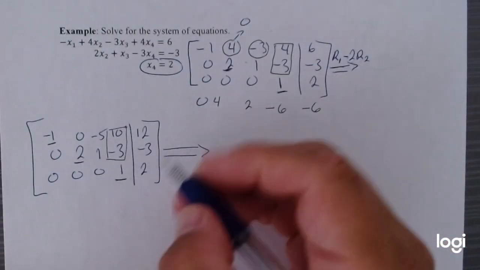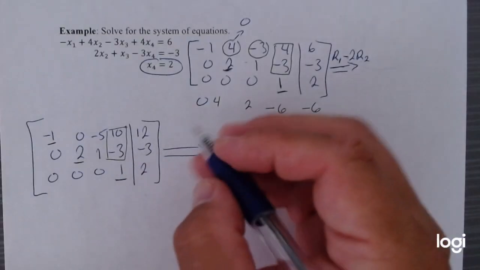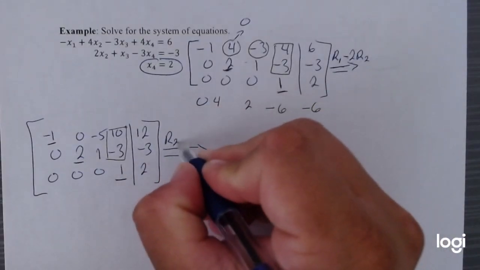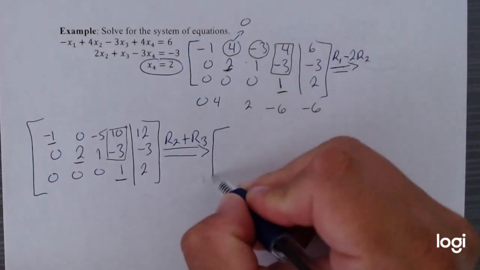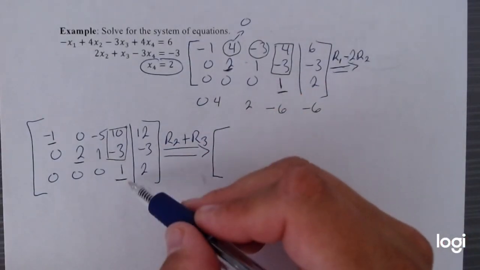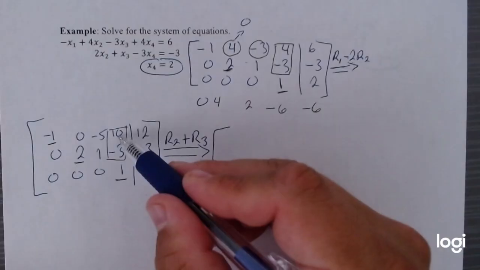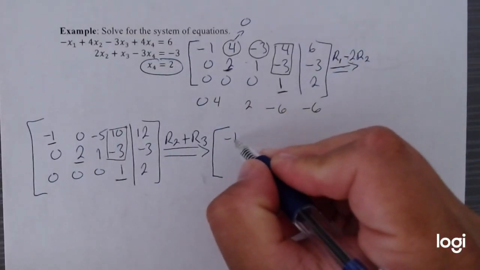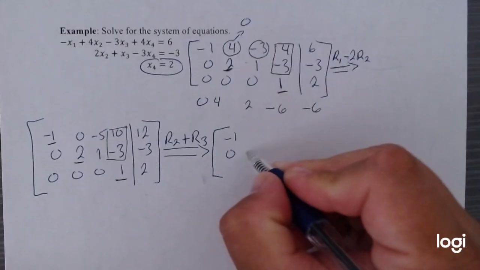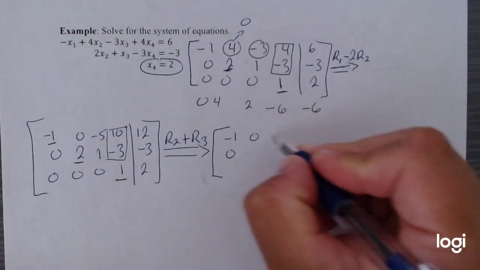So that means I'm just going to multiply this by 3 and just add it to row 2. So row 2 plus row 3. And if you want, you could do them both at the same time, right? It's not that difficult. This one would be multiplied by 10 and subtracted, but we'll do it step by step. Oh yeah, we're doing this one first.